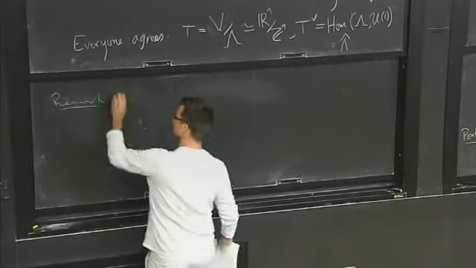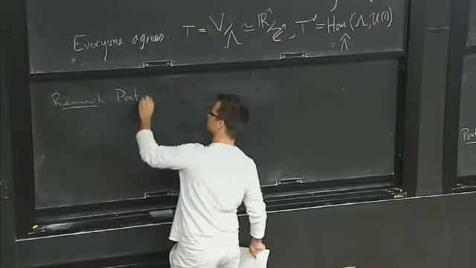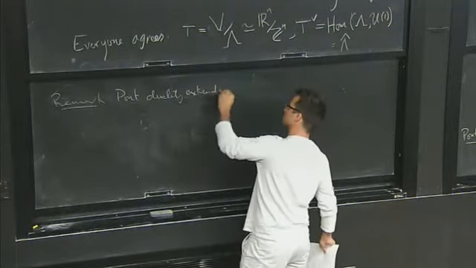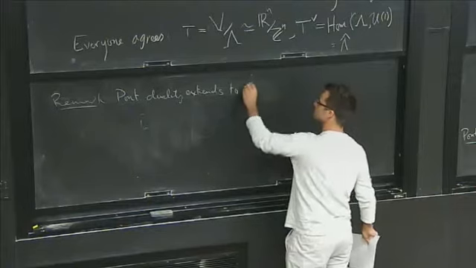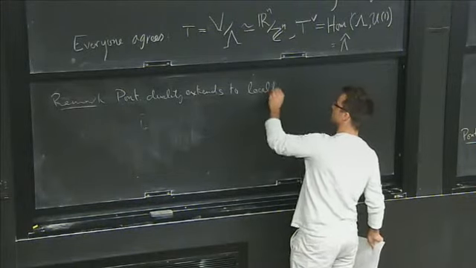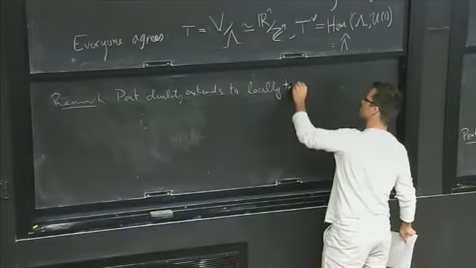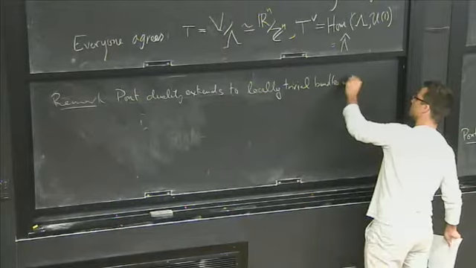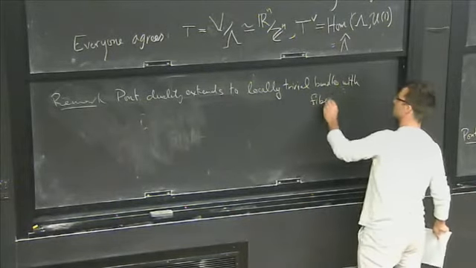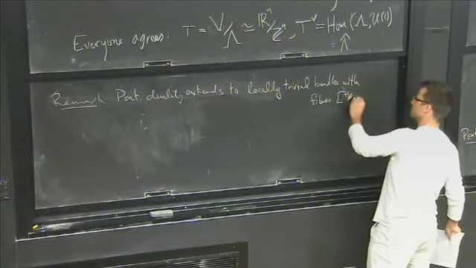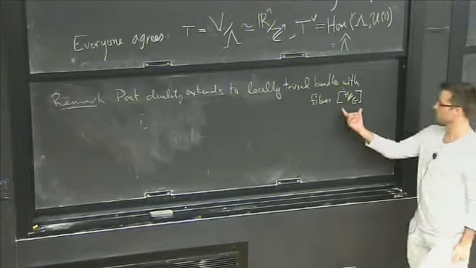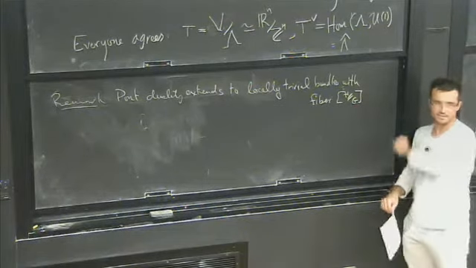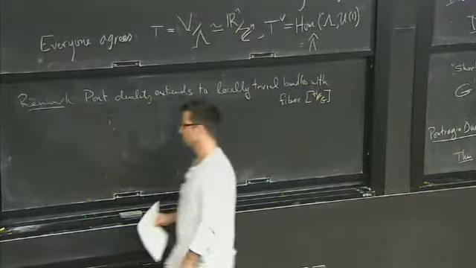So this extends Pontryagin duality to locally trivial bundles with fiber being H mod G. So if you have locally trivial group bundles that are locally isomorphic to this cross some space, then you can also apply Pontryagin duality for those.